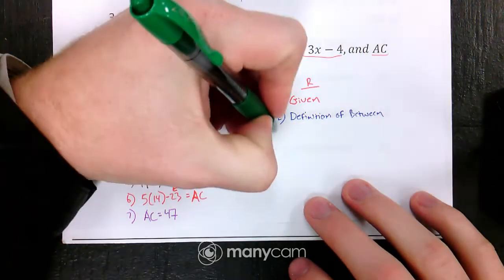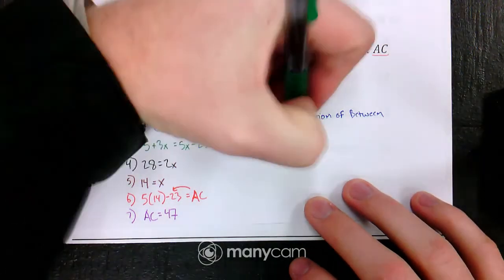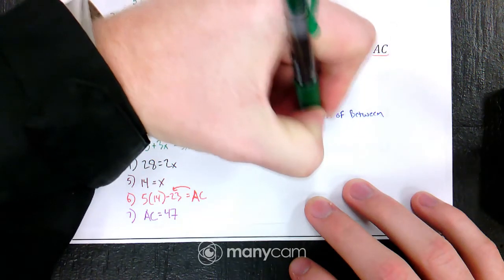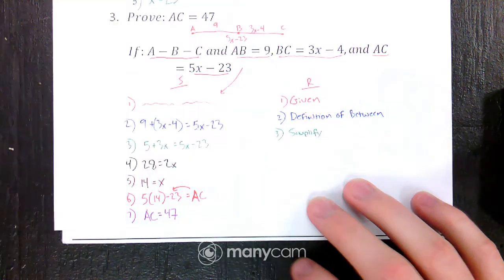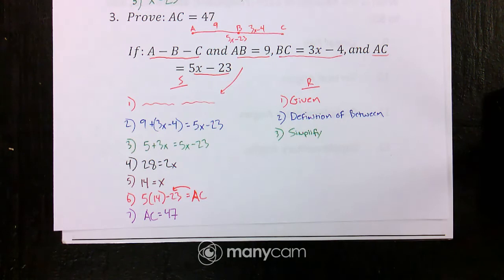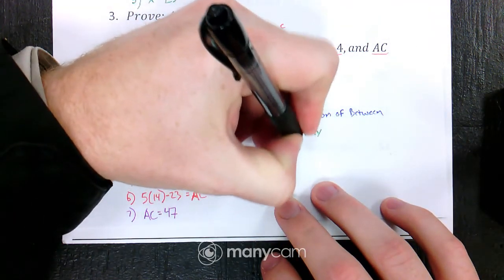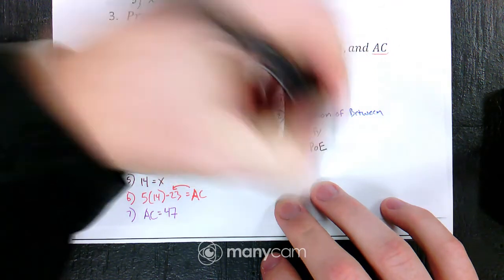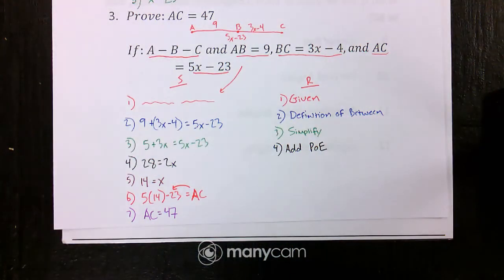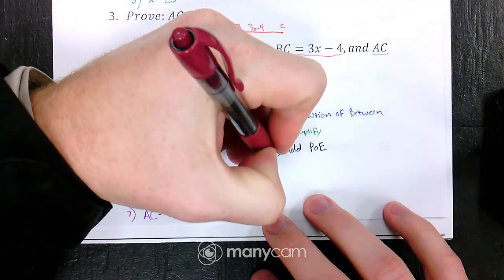Now I just have to go back and label what I did. So I go, okay, I simplified. Then I added, addition property of equality. Then I divided or multiplied, right?